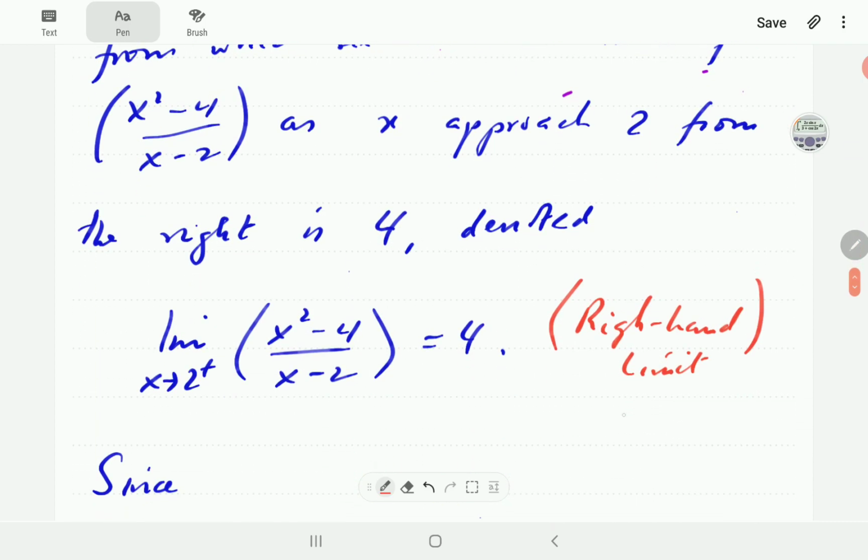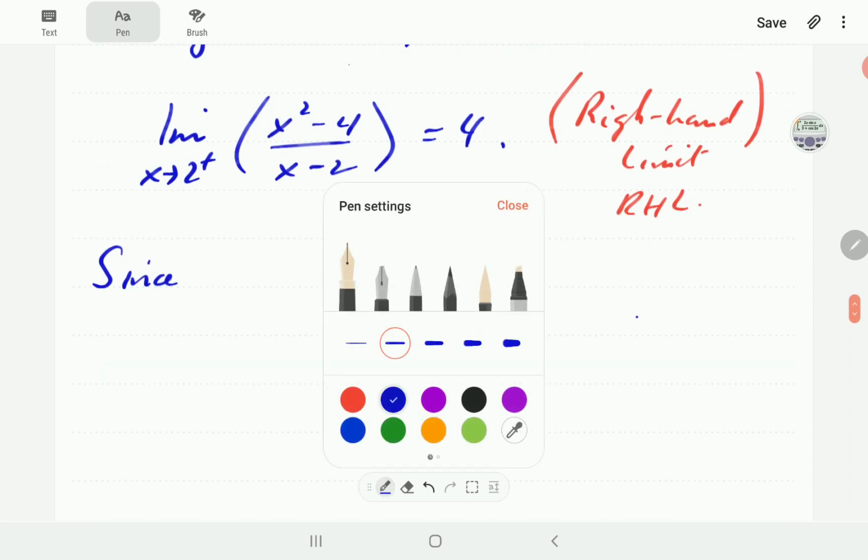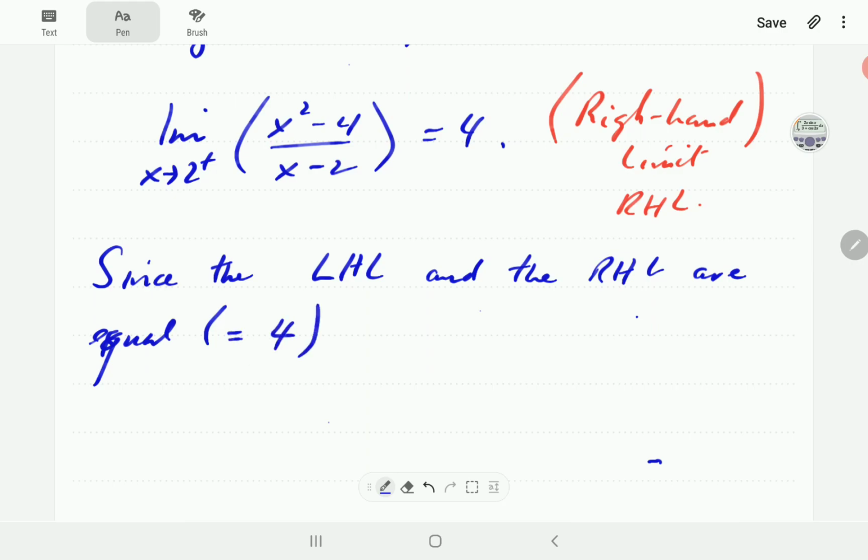This one we abbreviate RHL. So we are noticing here that the left-hand limit and the right-hand limit, these are equal. So they're equal and they're both equal to 4.